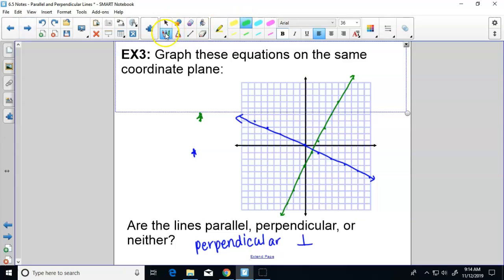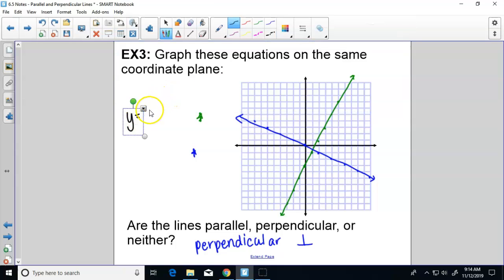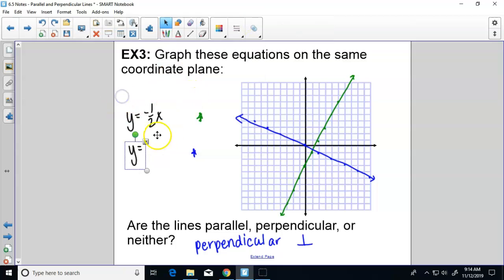What were the equations for? Well, I can tell you. I can just do it. Look, y equals -1/2 x is one of them, and y equals 2x minus 3.